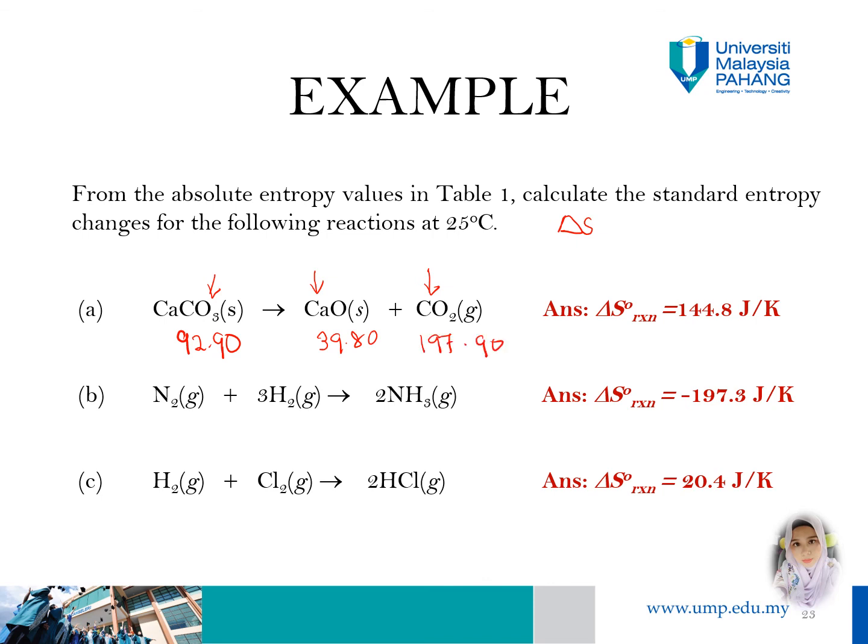So delta S is equal to the S of the products minus the S of the reactants. That means 197.9 minus 92.9 plus 39.8. So we can get this value.